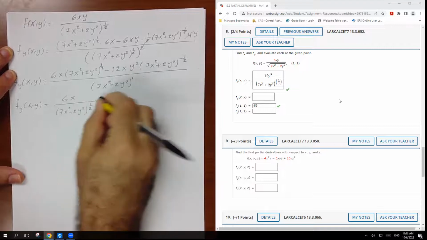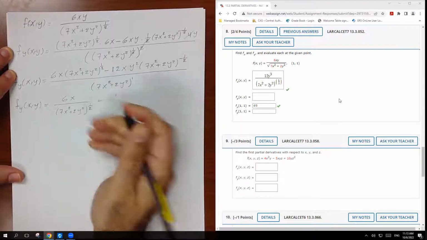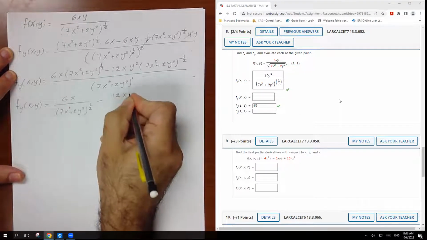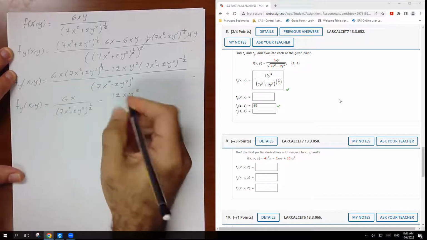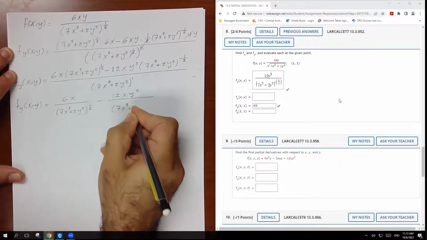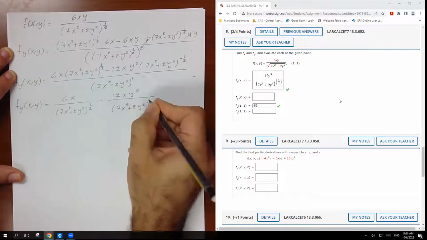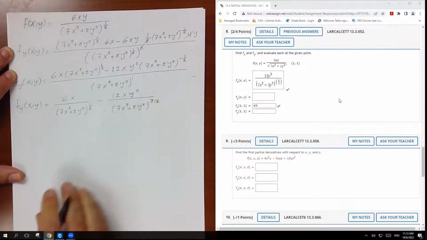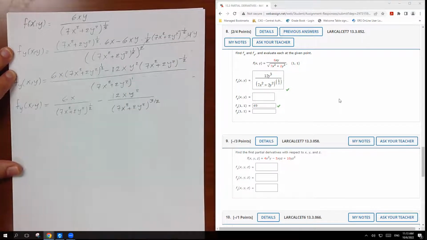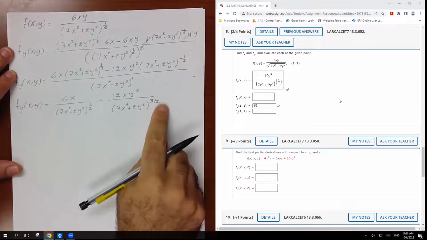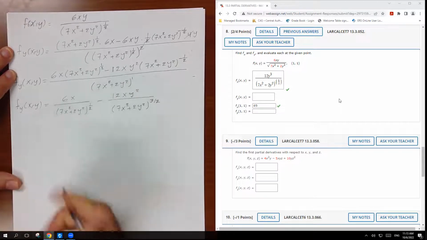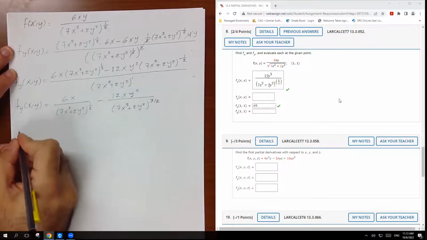And everything here is minus. The same thing here, bring this one down, so it's going to be 12xy squared over 7x squared plus 2y squared to the 3 over 2. Because half is positive, plus 1 is going to be 3 over 2. I just did a shortcut because it's exactly the same steps from the previous one for f sub x.